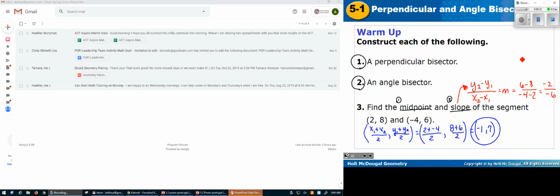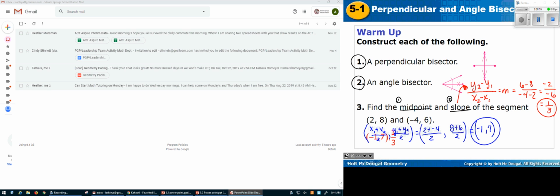Negative 6. And then what does that reduce to? There you go. So positive 1/3. A negative over negative is a positive, and then that reduces to 1/3. Any questions on slope? Okay, all of these things are things you need to know for this chapter, so super important that you can work all of those problems.